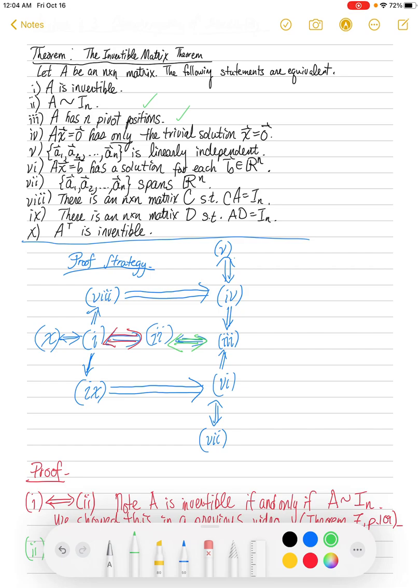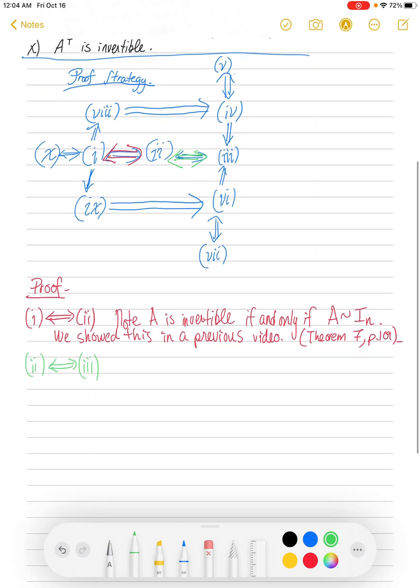So we have to show that A is row equivalent to the identity matrix if and only if A has n pivot positions. So we're going to start with 2. A is row equivalent to the identity matrix. I'm going to put the squiggly mark instead. A is row equivalent to the identity matrix. I'm going to just write if and only if A has n pivots.